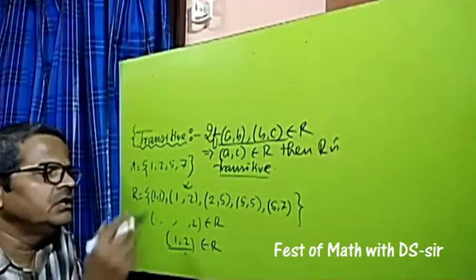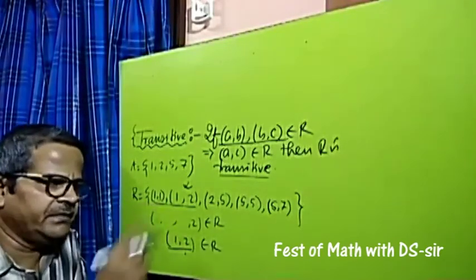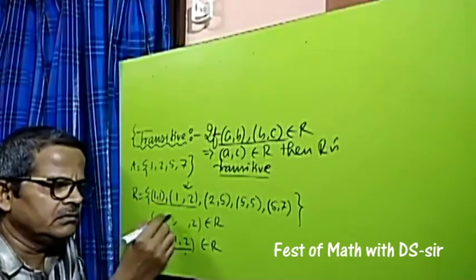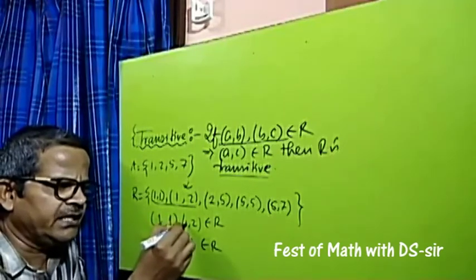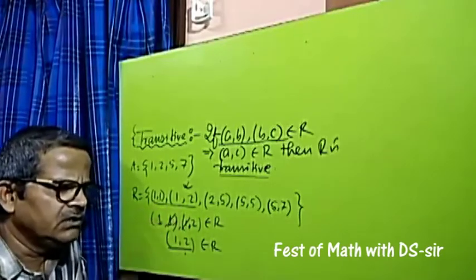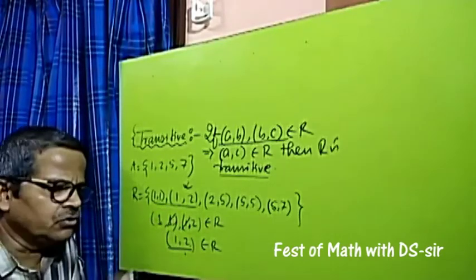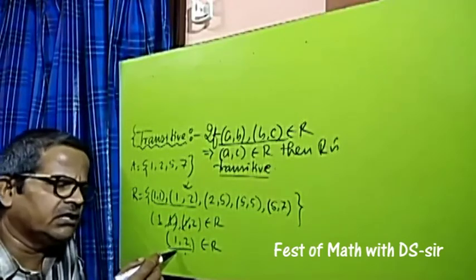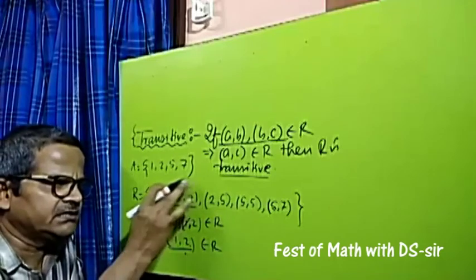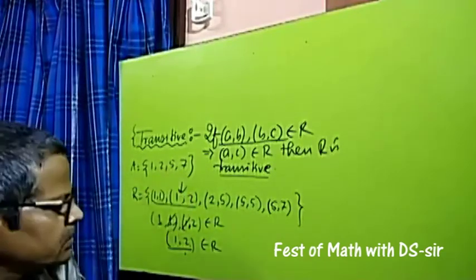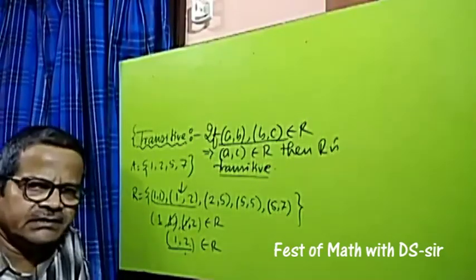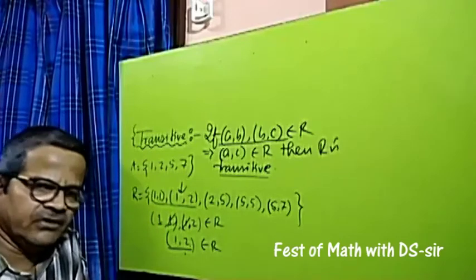Yes, there is an ordered pair adjacent to this which starts with 1. So we take these two ordered pairs side by side. Now if we omit these ones, what will remain? (1, 1). So we have to check whether this ordered pair belongs to the set or not. Yes, this ordered pair is there. So for (1, 1), it is transitive.